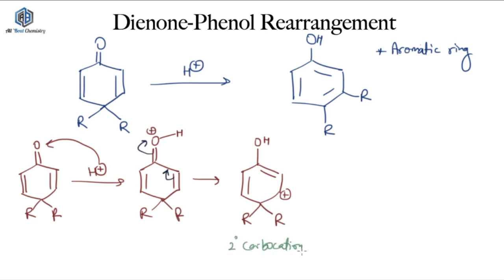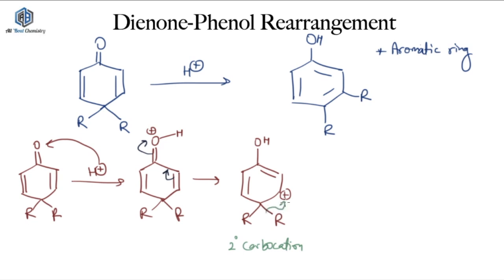What can happen now is that this R group can migrate from this position to this position, and after this migration a 3-degree carbocation will be formed, which is more stable. The formation of a more stable carbocation is the driving force for this step.